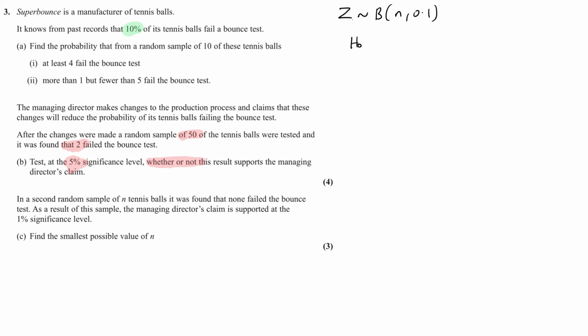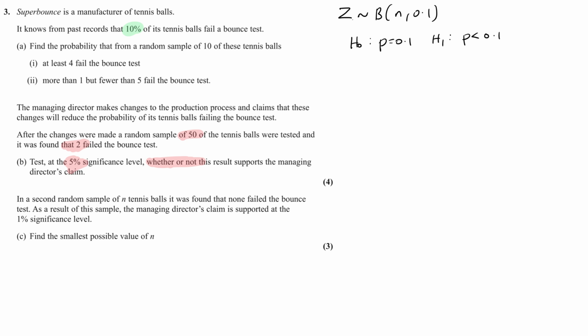We know that H0 is P equals 0.1 and H1 is P is less than 0.1. We know that that is accepted, don't we? So for this, we want to find the smallest possible value of n.